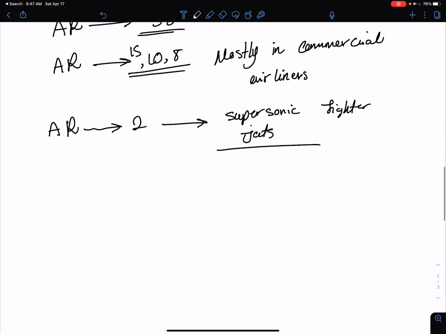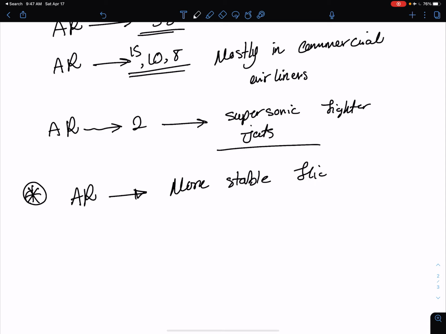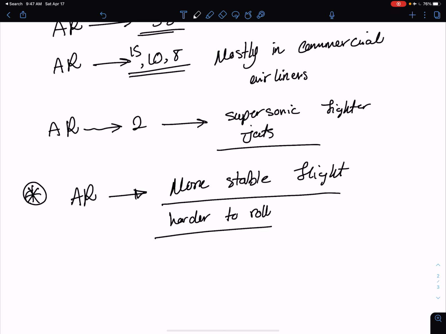What is the reason for this? The main reason here is that higher aspect ratios are going to give you a more stable flight. It is going to be a little harder to roll when you have a very high aspect ratio. And by that I mean there is a little resistance to rolling.